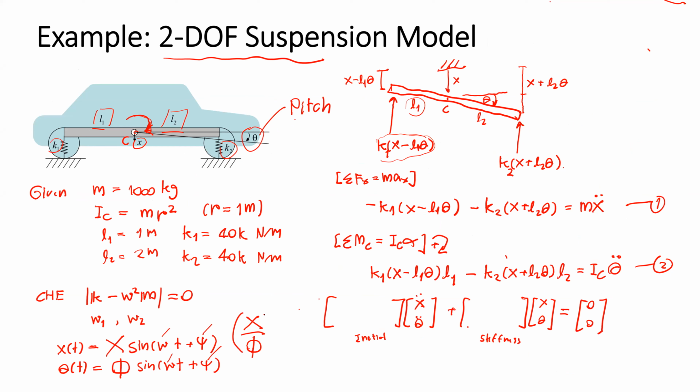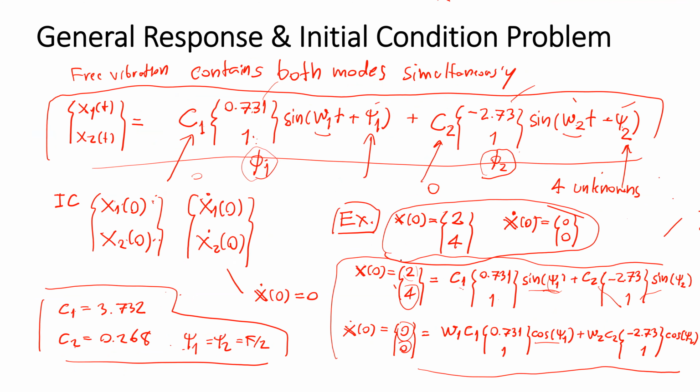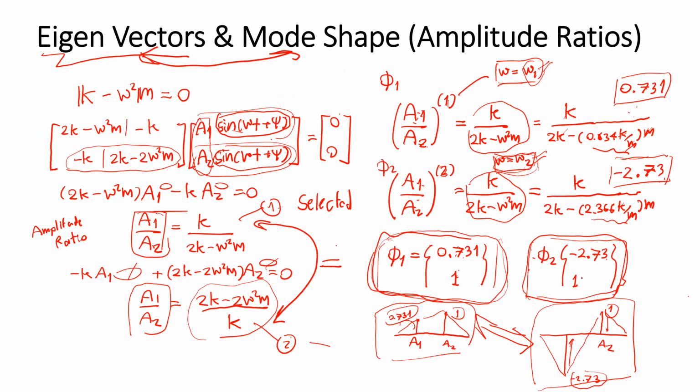And the magnitude ratio will correspond to the first natural frequency, and the magnitude ratio that corresponds to the second natural frequency will be this one, the magnitude ratio 1, magnitude ratio 2.